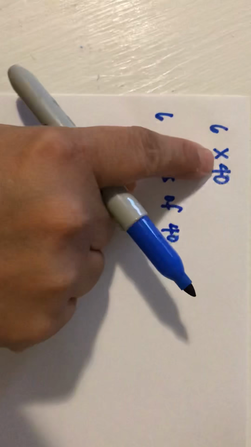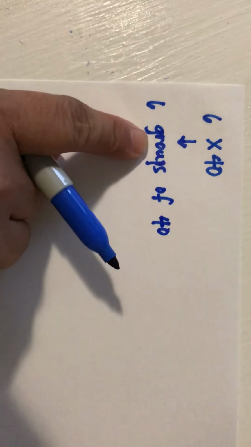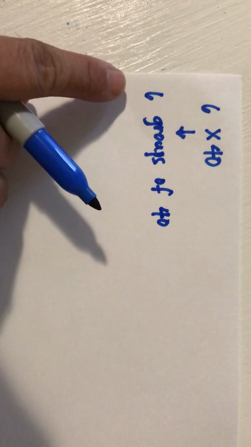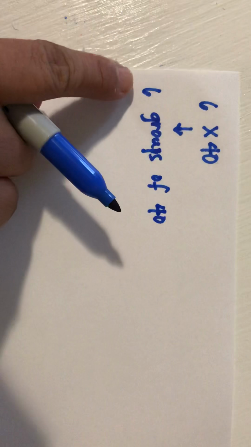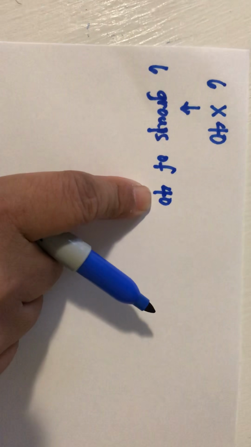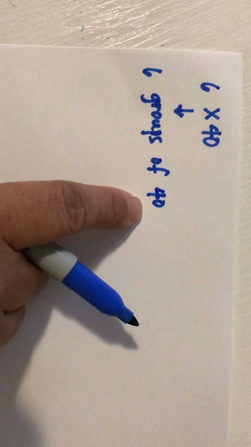Remember, we can write that down so you won't get confused. This is going to be easy. So 6 times 40 means 6 groups of 40. That means you are going to create 6 groups of 40.